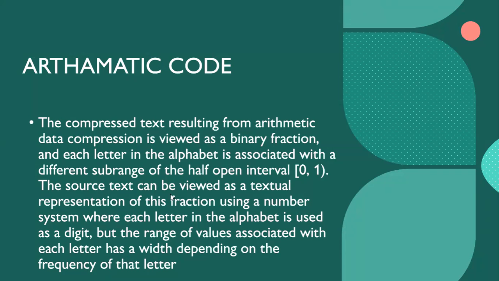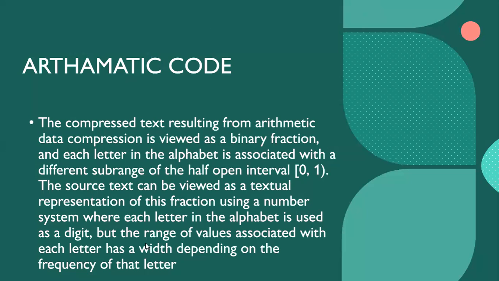And these are the terms involved in that code to store the data. This is viewed as a binary fraction, and the source text is viewed as the textual representation of a fractional number. Alphabet letters are used as digits, but the range values associated with each letter depend upon the frequency of the letter.